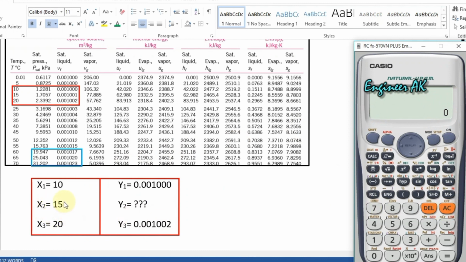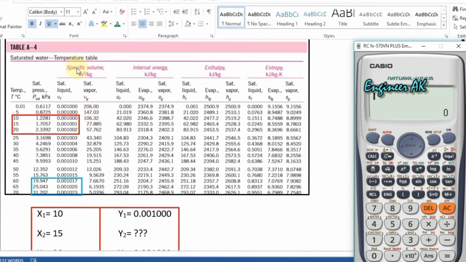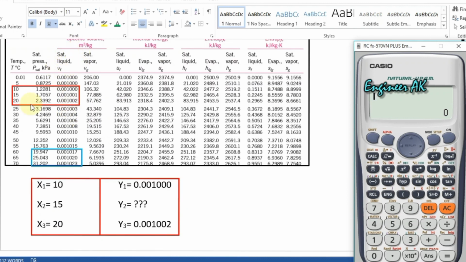Now we want to find the interpolation at 15, that is, at 15 what is the specific volume of saturated liquid, right? So for that you have to first put 15, the value at which you are going to find the interpolation, then the shift key, then press this one, and above it you can see there is written state 1.